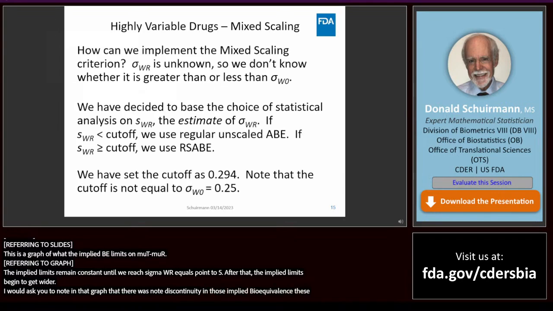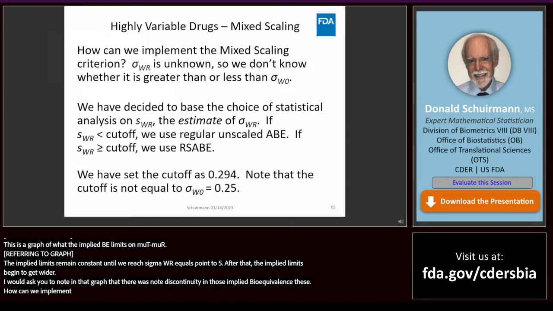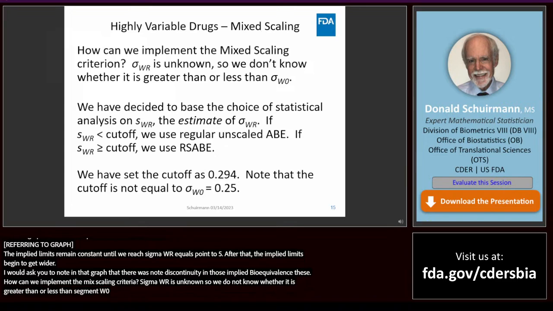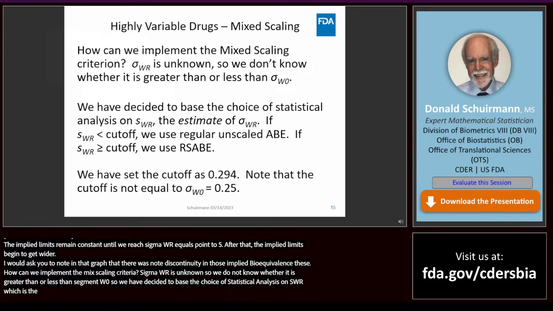So how can we implement the mixed scaling criterion? Sigma WR is unknown, so we don't know whether it's greater than or less than sigma W0. So we have decided to base the choice of statistical analysis on SWR, which is the estimate of sigma WR calculated from the results of the study.